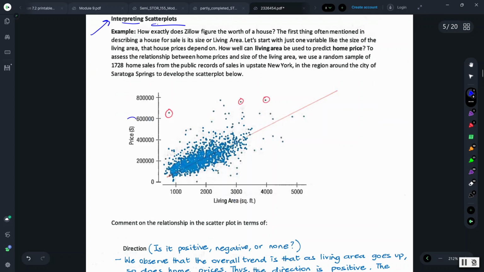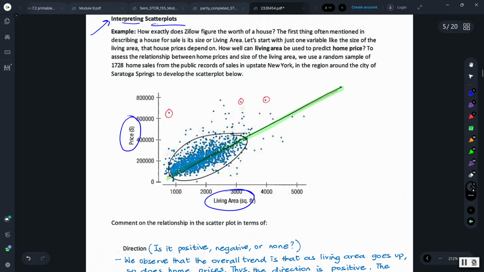You see, we go back to the example we had earlier, where we plotted home prices against the size of the living area measured in square footage. So we've said that we can see an overall general linear pattern here. And we can see that most of the points are clustered around that line that seems to capture the trend or relationship between price and living area.